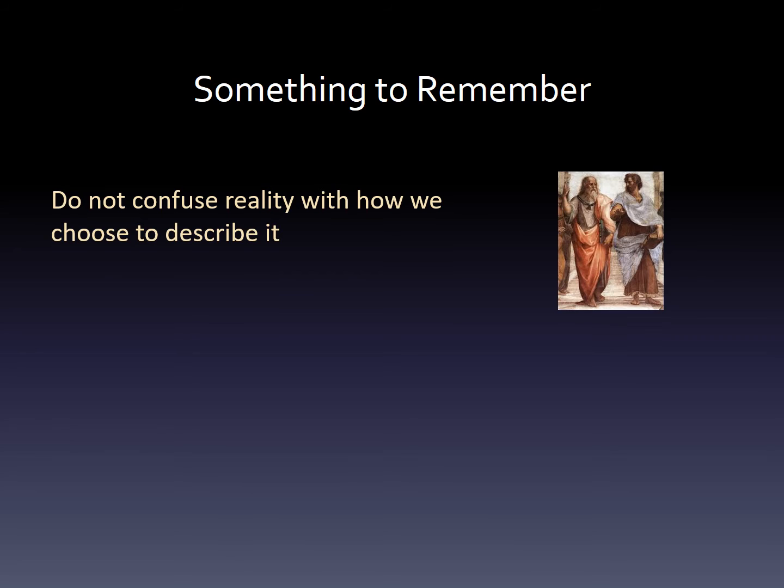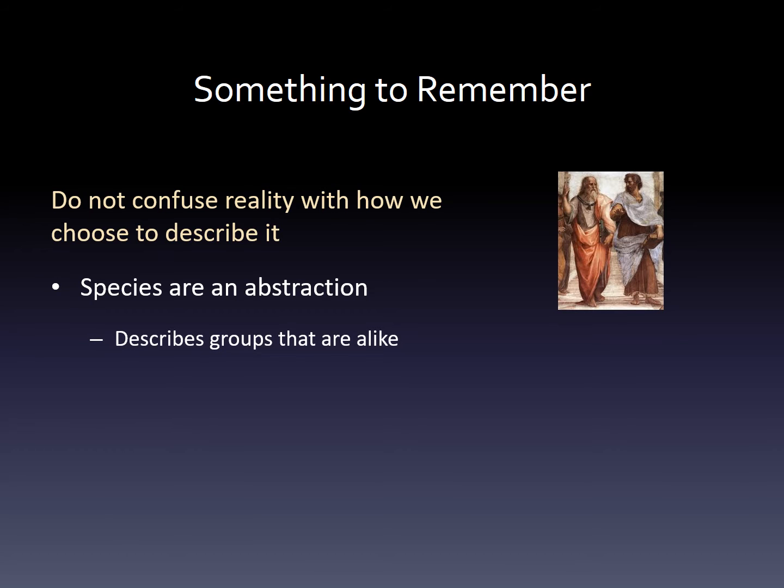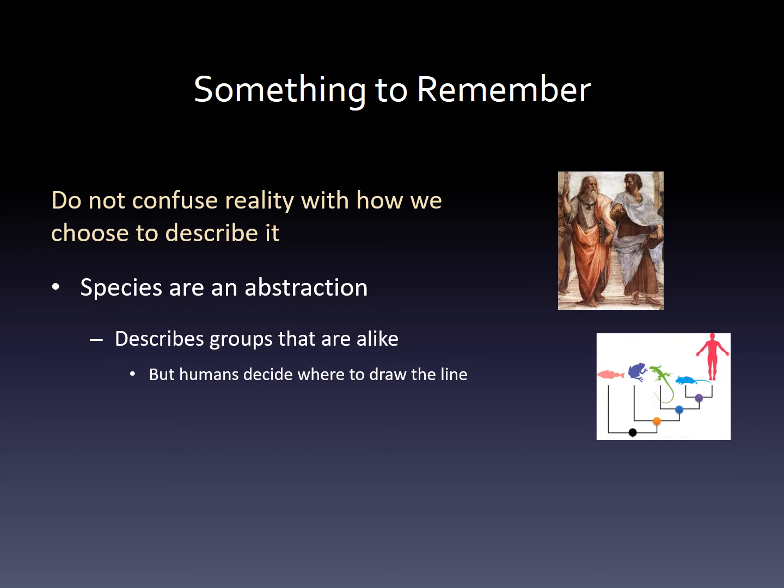It's important when we're talking about species to remember something. We must remember not to confuse reality with how we choose to describe it. Species are an abstraction. This means that species, this concept, describes groups of organisms that are alike to one another, but humans get to decide where to draw that line.